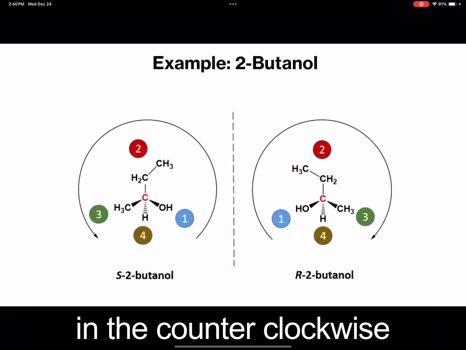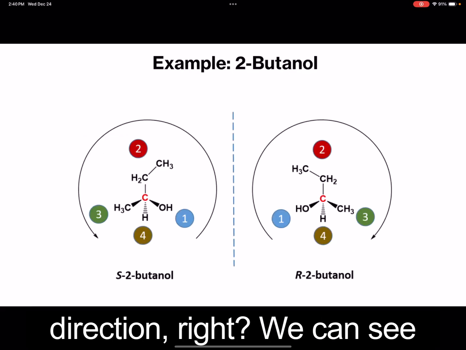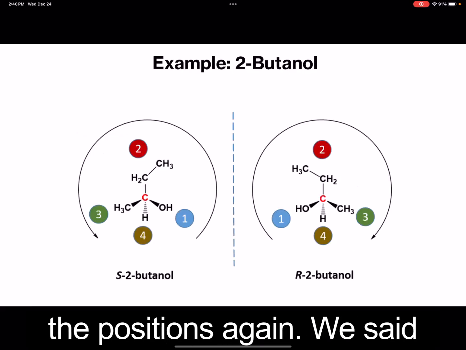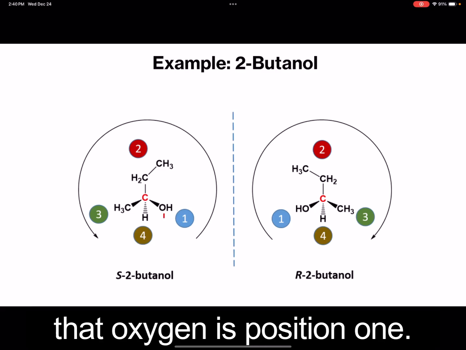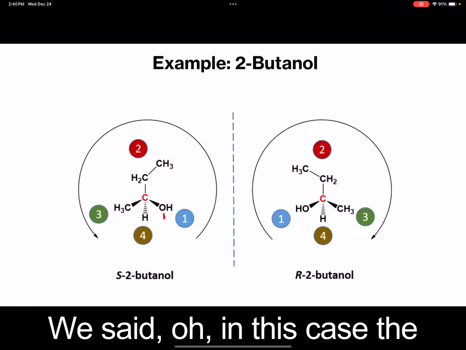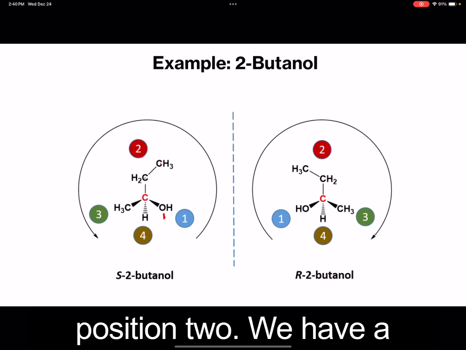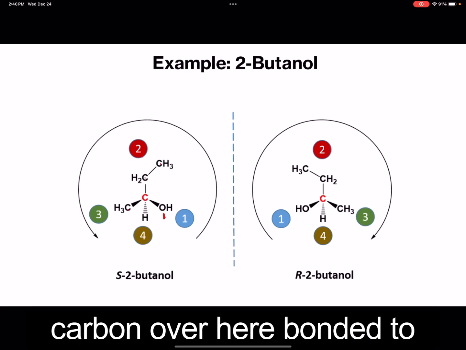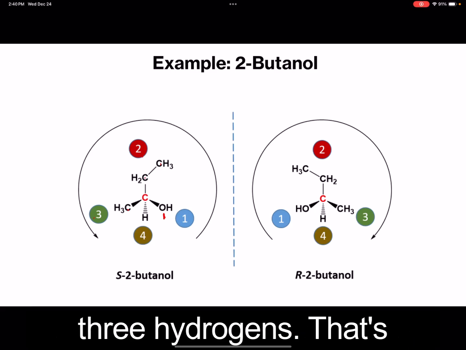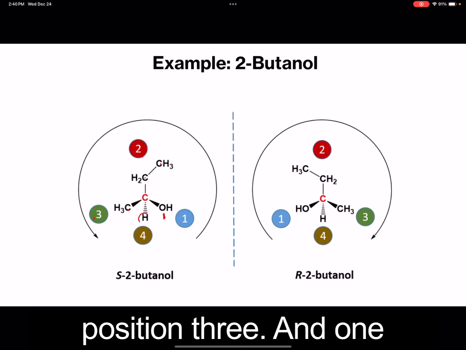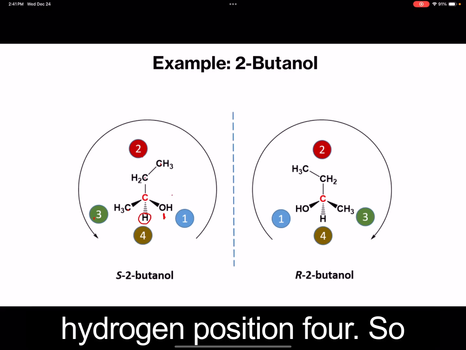If we're going in the counterclockwise direction, we can see the positions again. We said that oxygen is position 1. We said, in this case, the carbon that's bonded to the second carbon, that's position 2. We have a carbon over here bonded to 3 hydrogens, that's position 3, and 1 hydrogen, position 4.